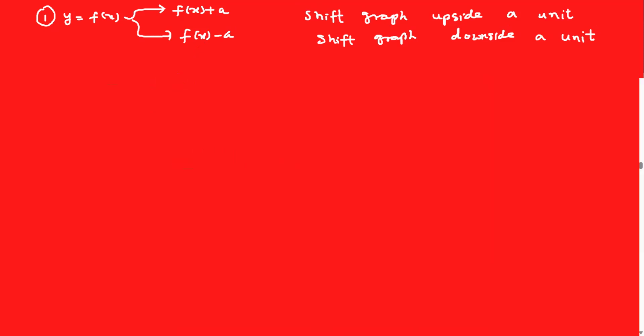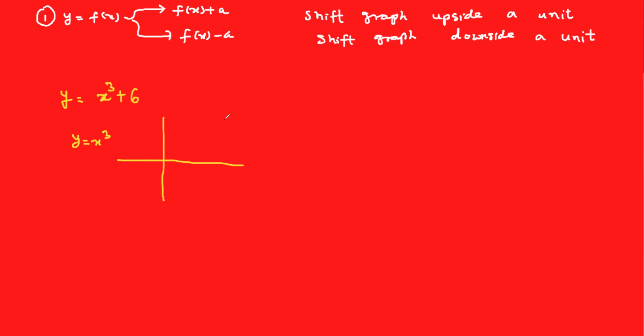For example, you tell me what is the graph of x cube plus 6. How will you plot this? You know the graph. First you have to plot the graph of x cube, right?